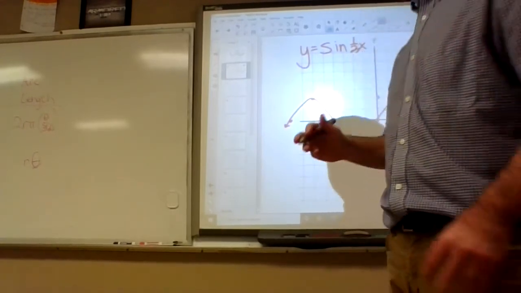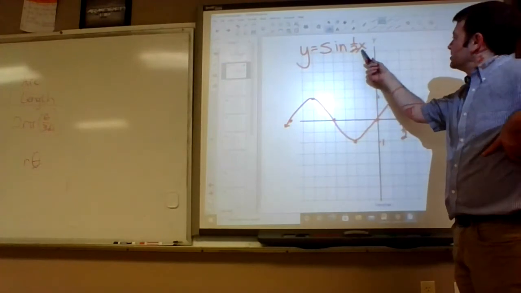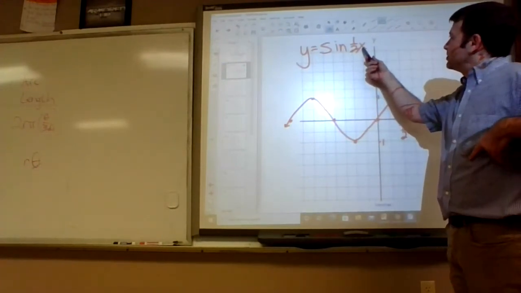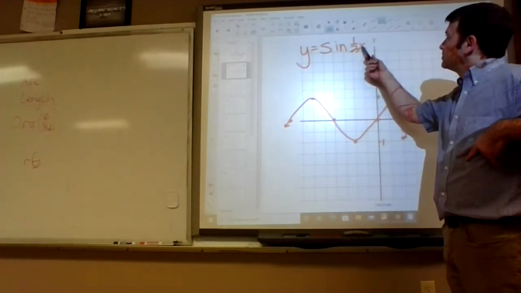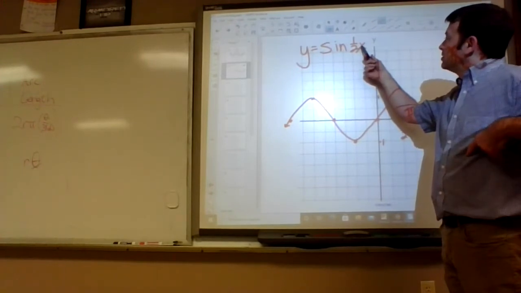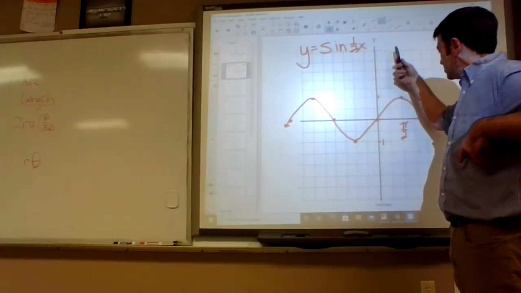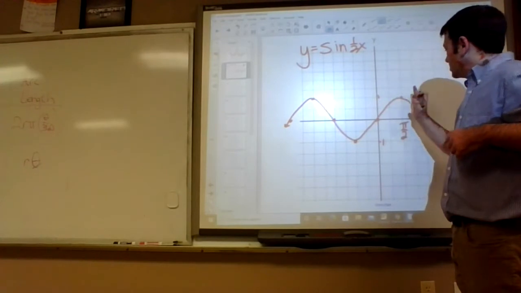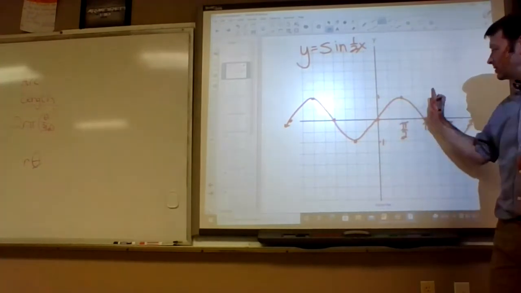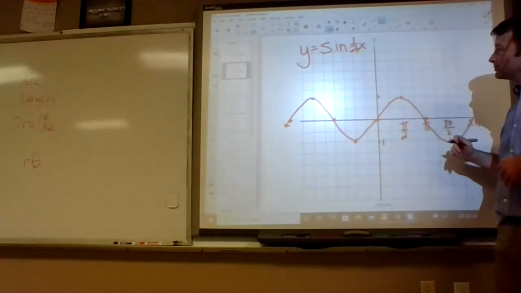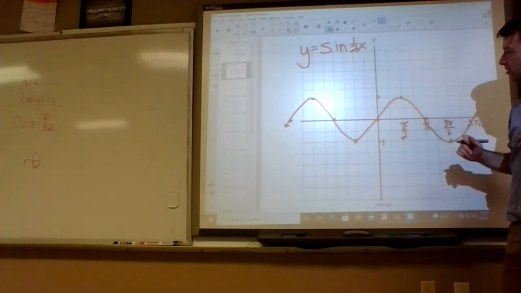Because if this was 90, that would be like 45. So it would just be 1 on the graph. 90 is like 45. So, yeah, I was right the first time, it squishes. So it goes faster.